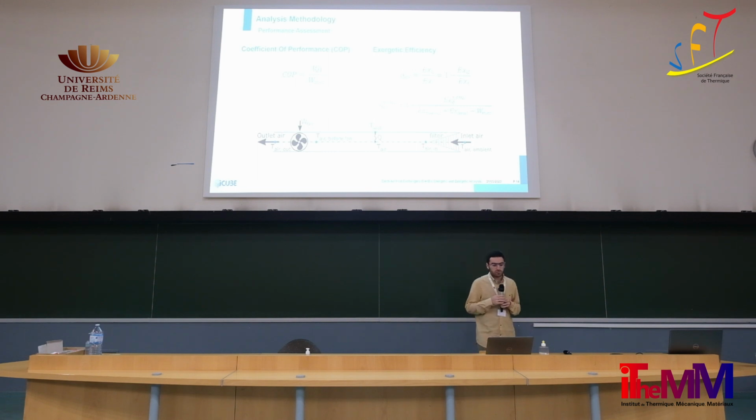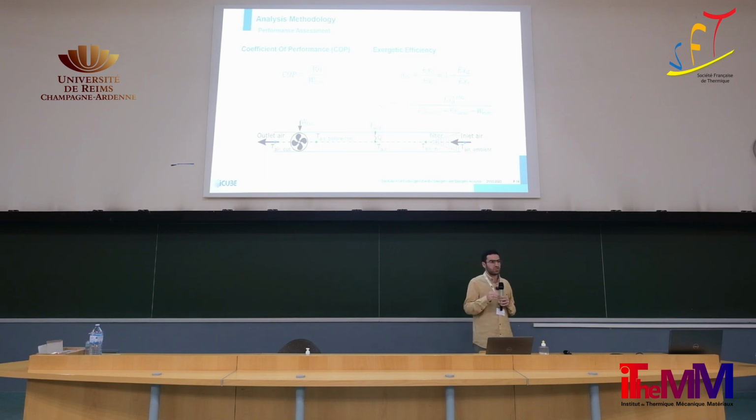Finally, we were able to find the coefficient of performance, which is a kind of energetic efficiency that takes into account the energy that is taken from the system divided by the energy consumed in this system. And also we have the exergetic efficiency. To understand exergetic efficiency, we can say that energy systems usually are not 100% efficient, even in perfect reversible conditions, and this is due to the second law of thermodynamics.